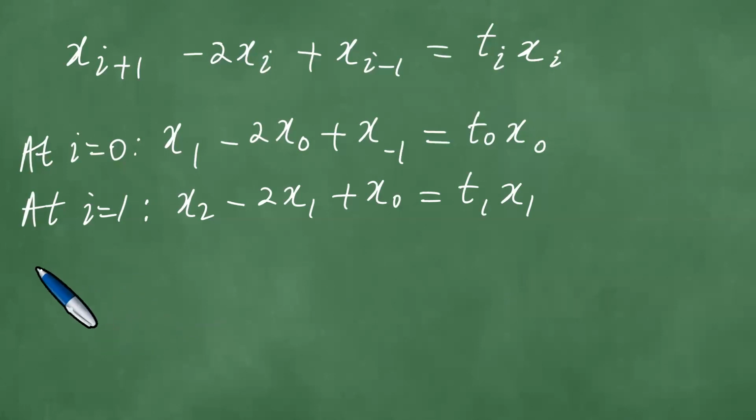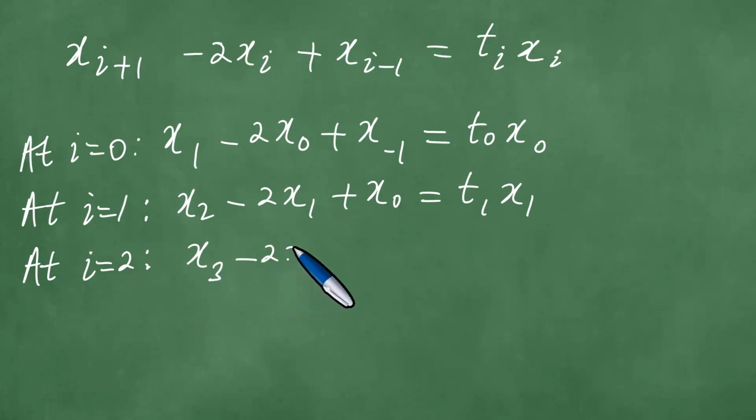At i equals 2, we have x3 minus 2x2 plus x1.